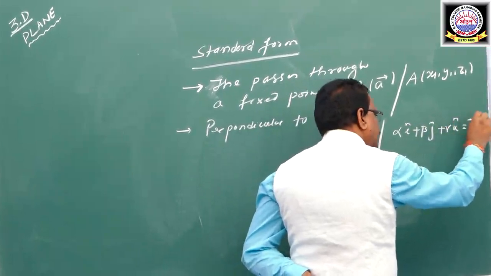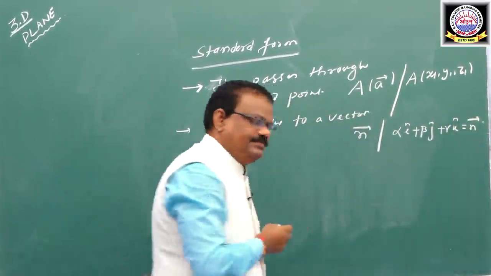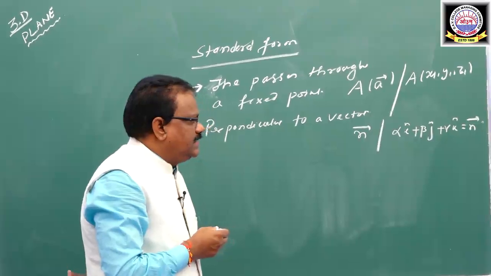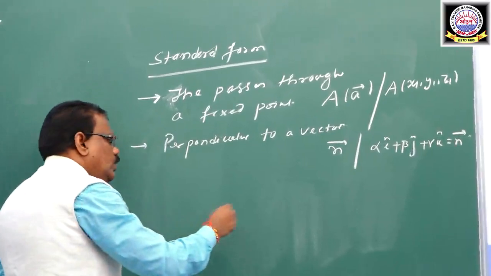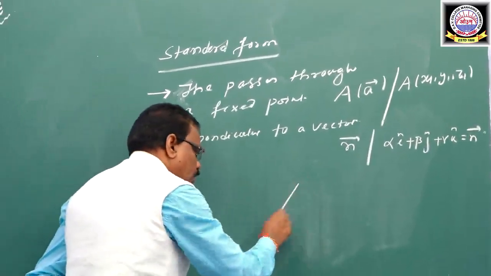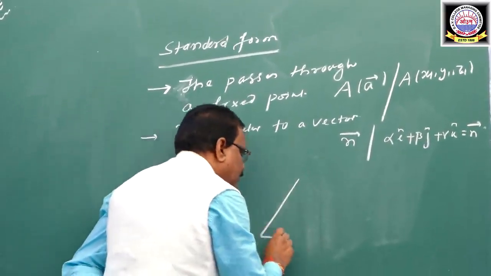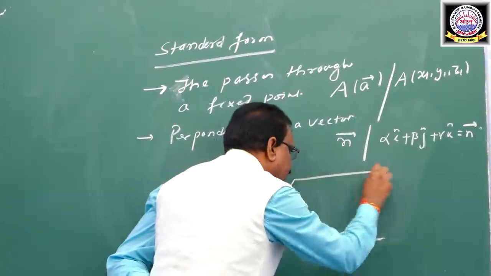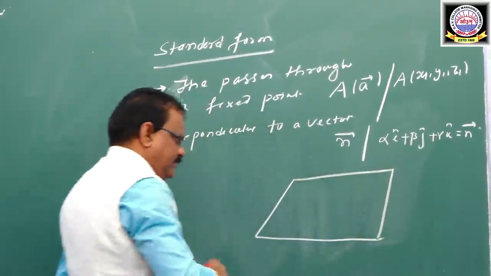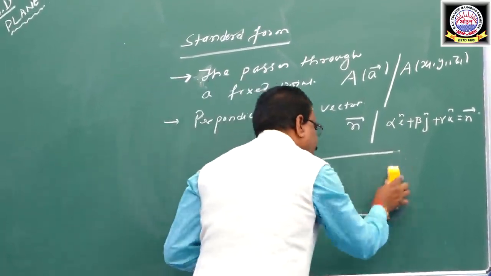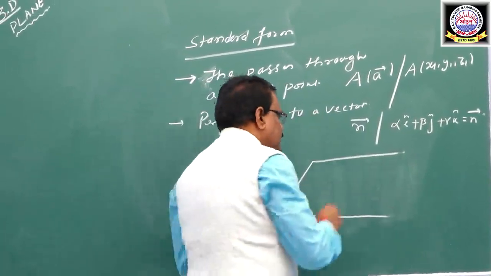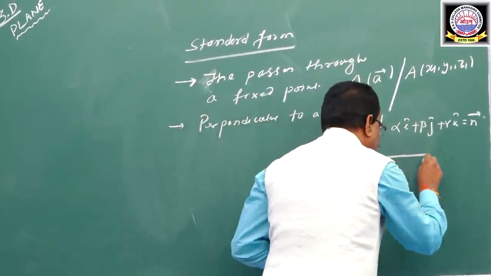Let the n vector be equal to this one: alpha i plus beta j plus gamma k is the n vector. So, let us come to how to get the equation in the standard form. Let us think this is the equation of the plane. Correct?